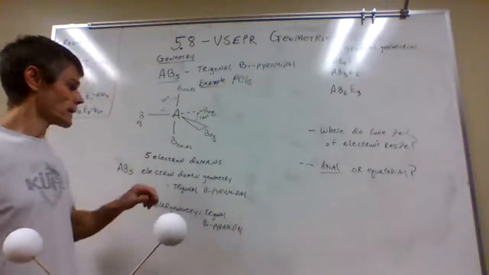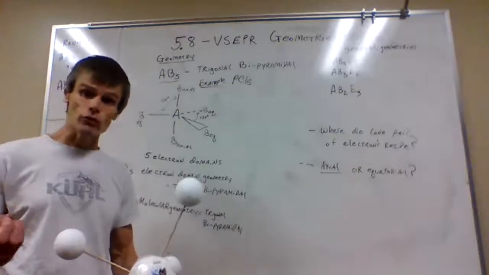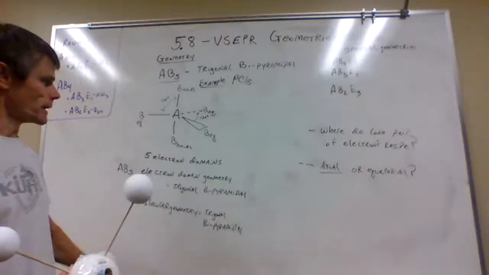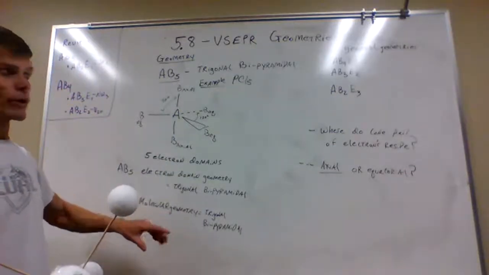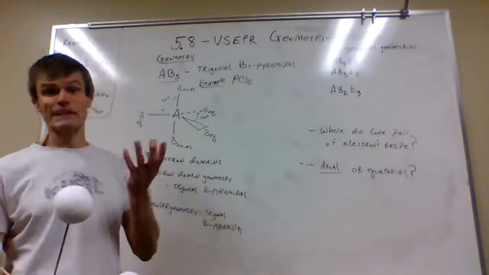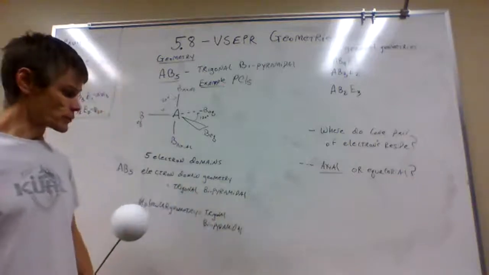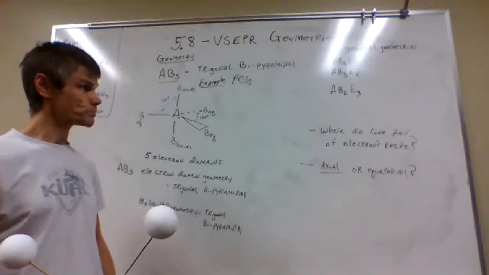And our electron domain geometry, as we've been stressing, is trigonal bipyramidal. And for situations where there's no lone pair, the molecular geometry is the same as the electron domain geometry. It's trigonal bipyramidal.